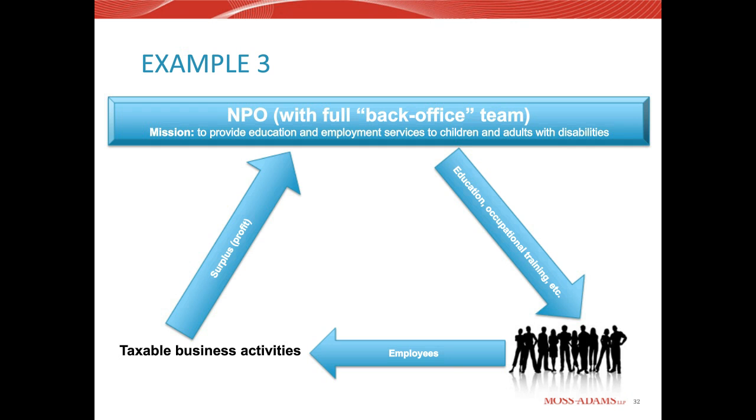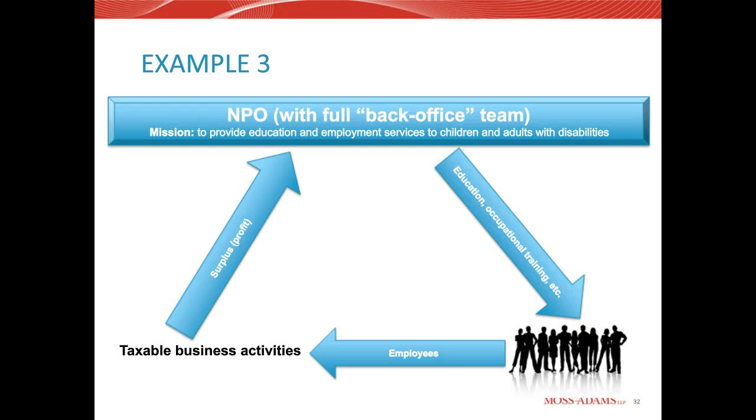Now, in addition to providing those education and employment services to clients, this organization also employs some of its clients in some taxable business activities that generate unrelated business income. For example, they provide laundry services and janitorial services and some minor packaging and assembly services.